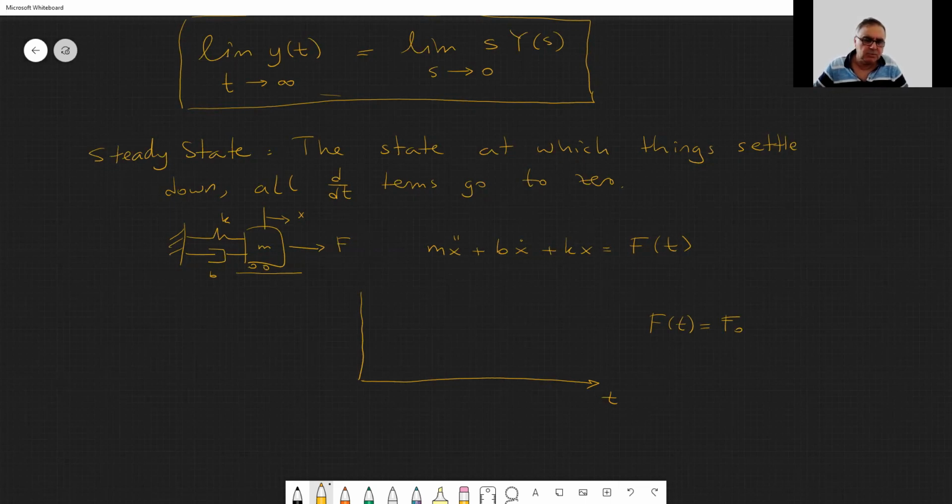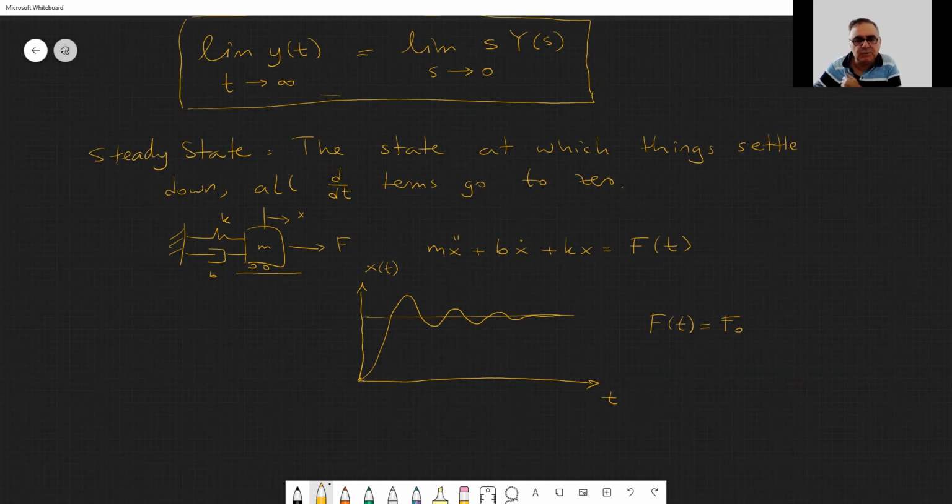X is going to go to, well, assuming that the system is stable and so on, eventually, this system will make such a motion. This is x of t. X is initially at 0 value, but then it will start oscillating. It will oscillate and come to a standstill.